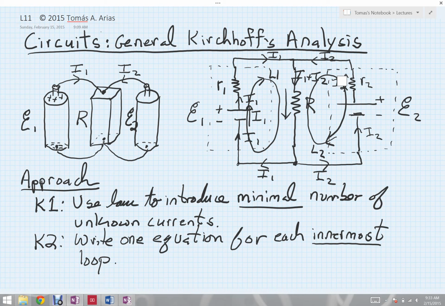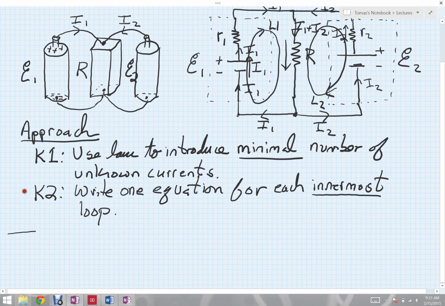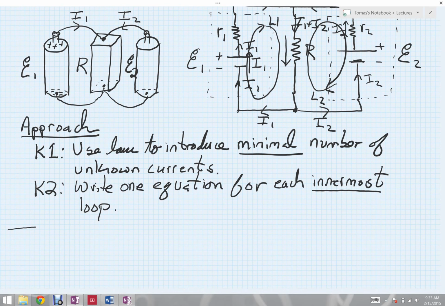I'll start with loop 1. So let's slide our page up here just a little bit so I can keep my diagram in view, and I'm going to now write down the loop 1 equation. So for loop 1, I want to go all the way around this loop, and to get my sign straight, remember, we always want to mark the upstream and downstream side of our resistors.